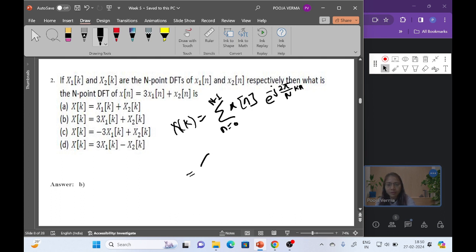So here we have the summation for n equal to 0 to N minus 1, where x(n) is 3x1(n) plus x2(n), times e to the power minus j 2 pi by N kn.